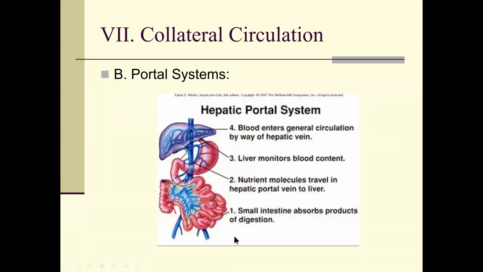Okay, and this is not a very good schematic, but what this represents is we have small intestine absorbed proteins and nutrients travel by way of the hepatic portal vein, and this is the hepatic portal vein here that goes off the GI system to the liver, and then the liver sits on top of the vena cava.